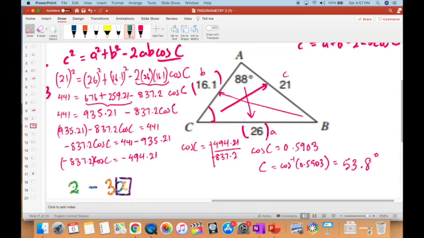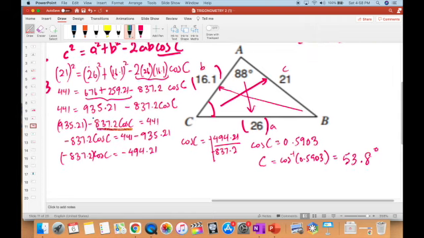So can I take the 2 and minus the 3 in this situation? Well, that's what you did in this situation. You understand? Yes. So that 837 is multiplied by the cos C. That 837 belongs to the cos C. You can't touch that.